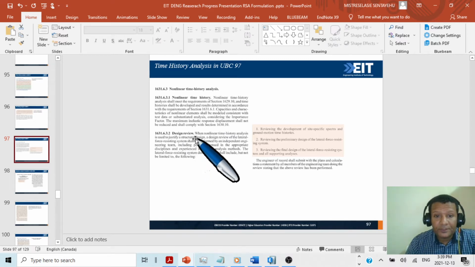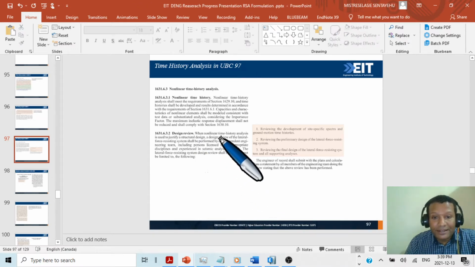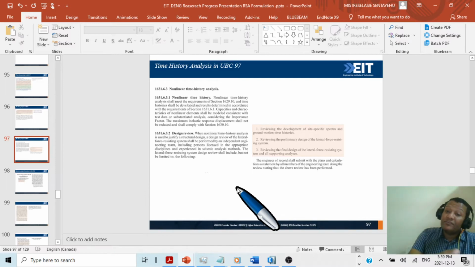Design review. Most of the time this nonlinear time history analysis is for design review. When nonlinear time history analysis is used to justify structural design, a design review of the lateral force resisting system shall be performed by an independent engineering team. So this is for verification purposes.